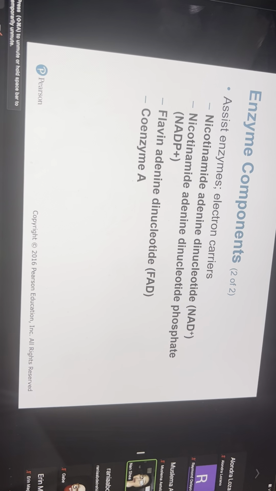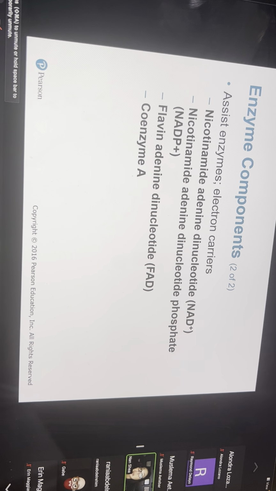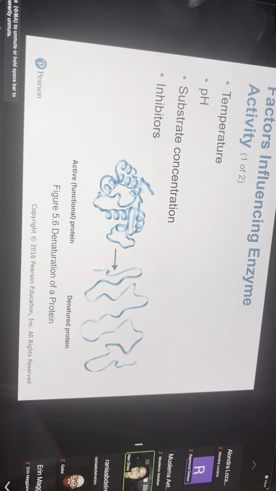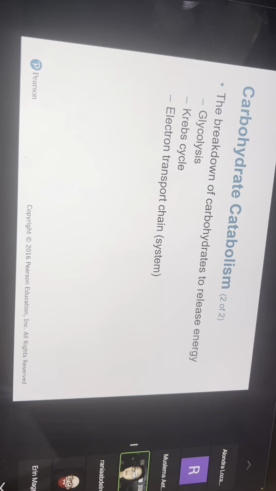That's why we call them high energy electron carriers. Those electrons have very high energy, and in the electron transport chain, that's where we dump them and recycle them back.